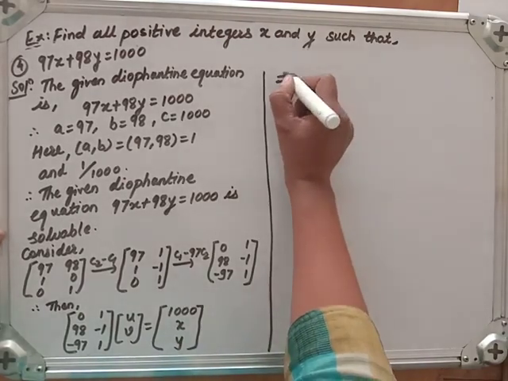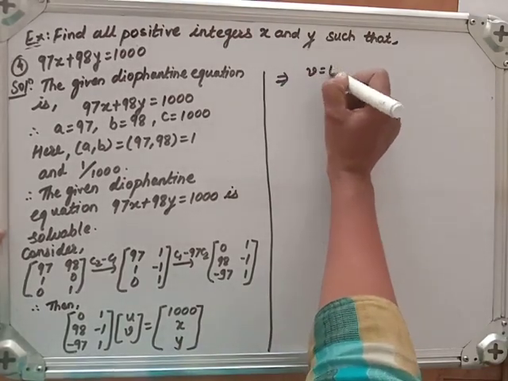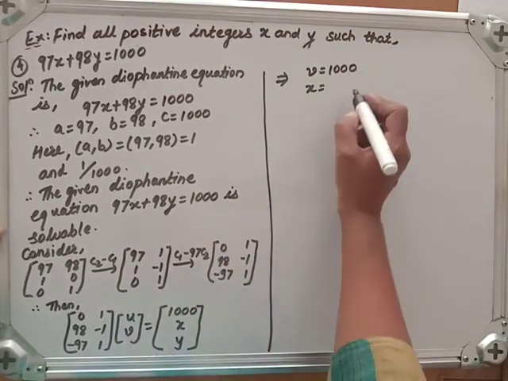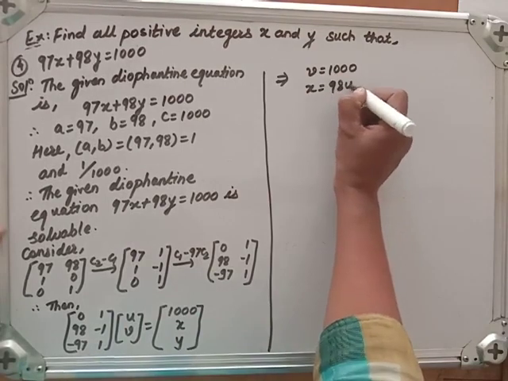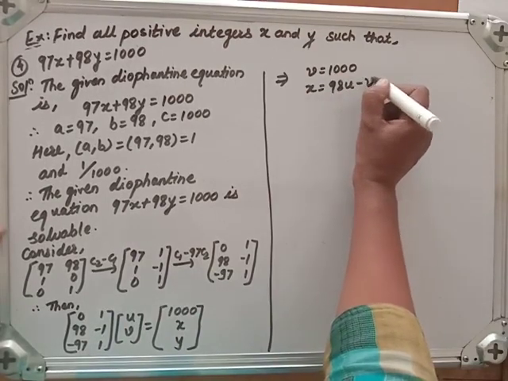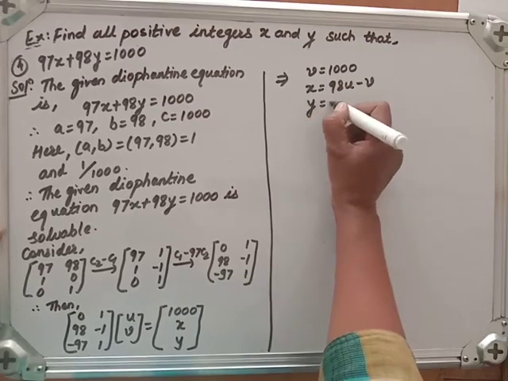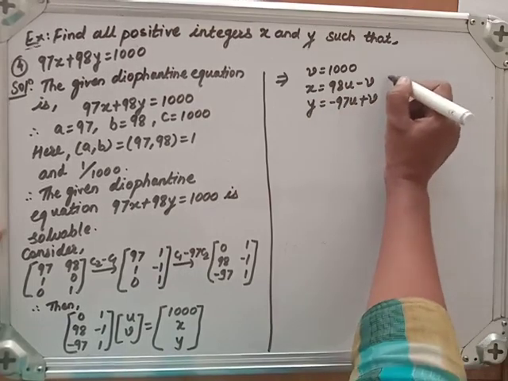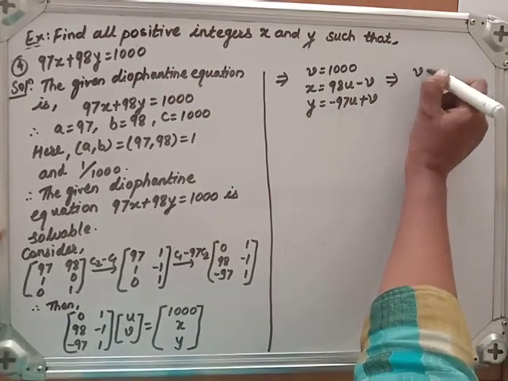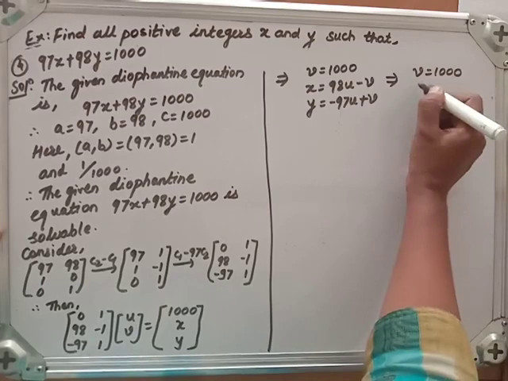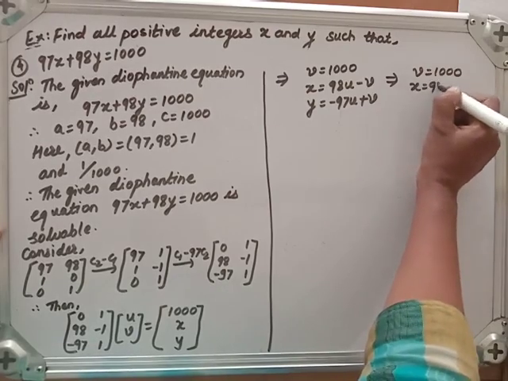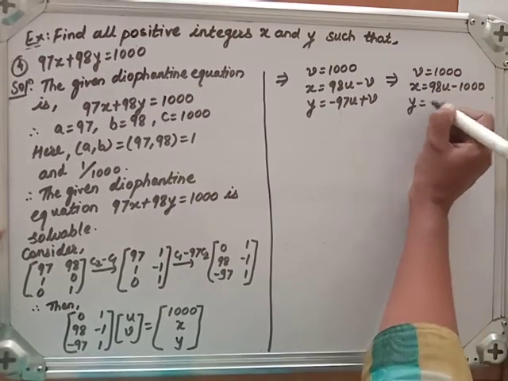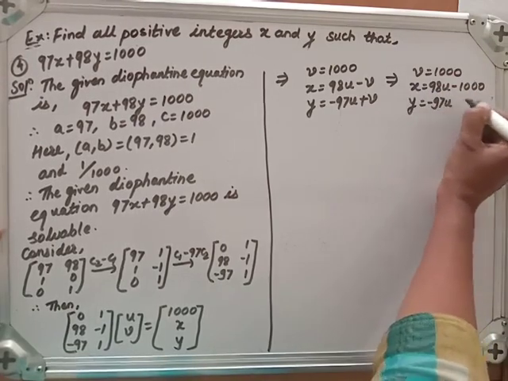Now this gives us v is equal to 1000, x equal to 98u minus v, and y is equal to minus 97u plus v. That is the same as v is 1000, x is 98u minus 1000 and y is minus 97u plus 1000.